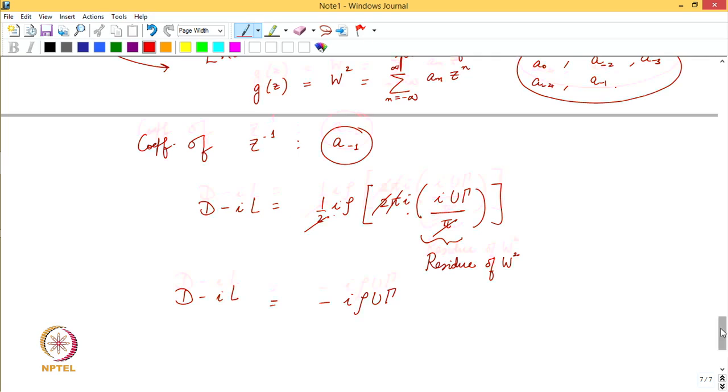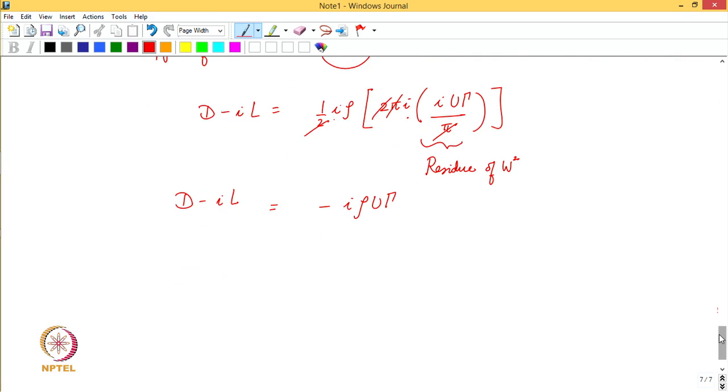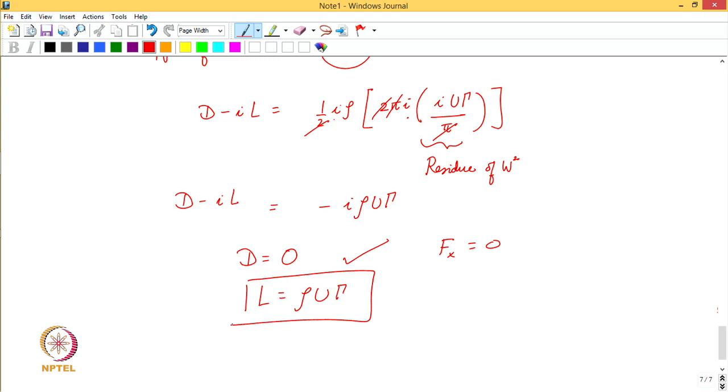So, we can compare both sides knowing that d and L are real valued numbers. Clearly d must be 0, which is right. We have already shown that the x component of force is 0, and L is rho u gamma, which is again the Kutta-Joukowski theorem.